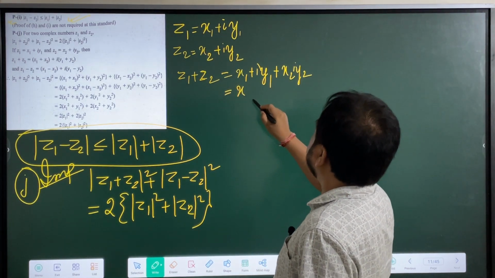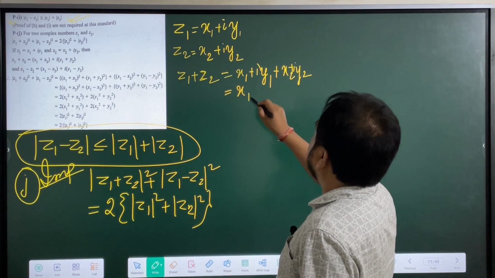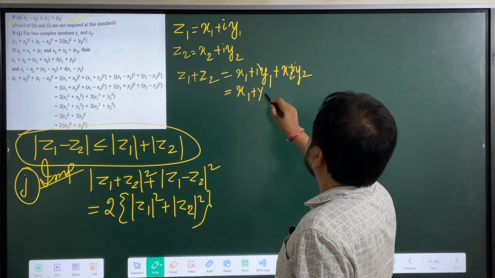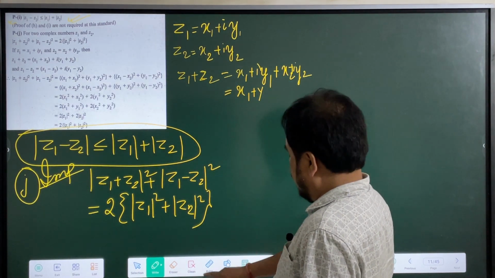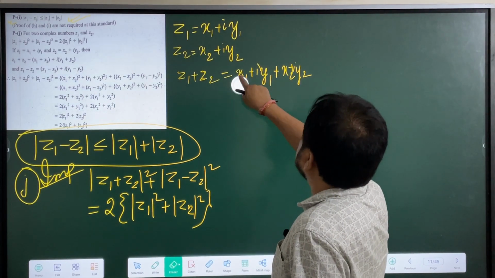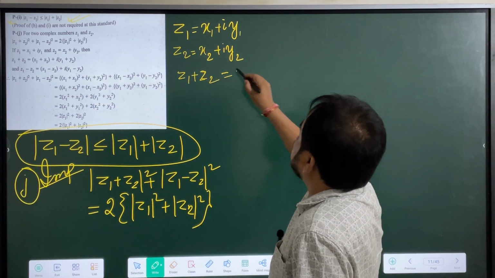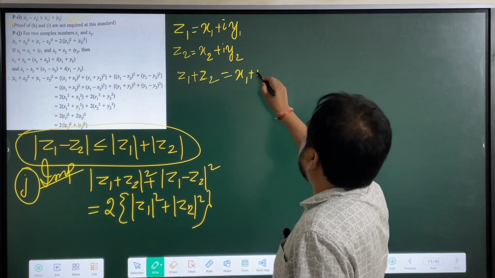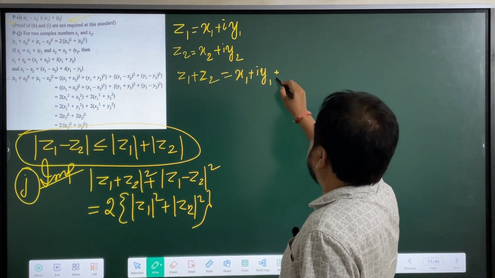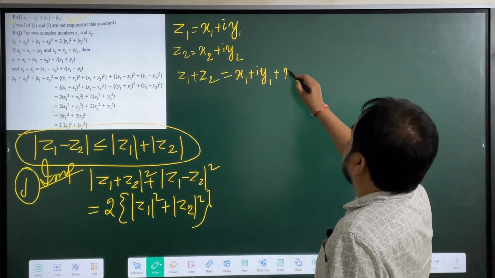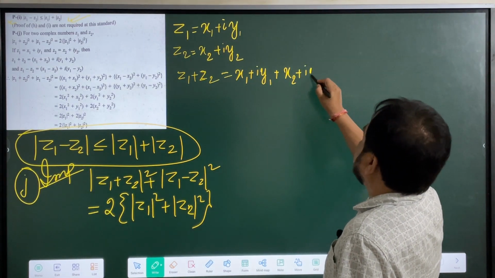Z1 plus Z2: what can be written? Let us write clearly. Z1 means x1 plus i y1, plus Z2 means x2 plus i y2.